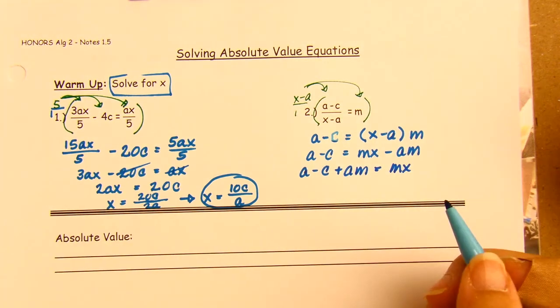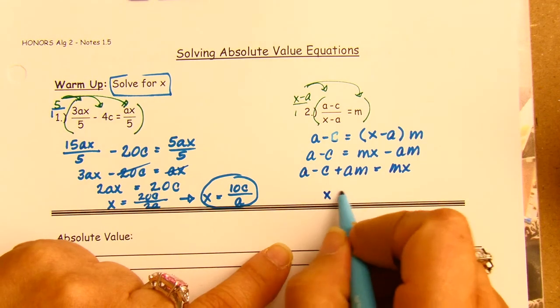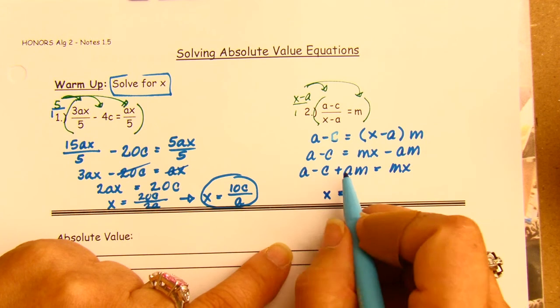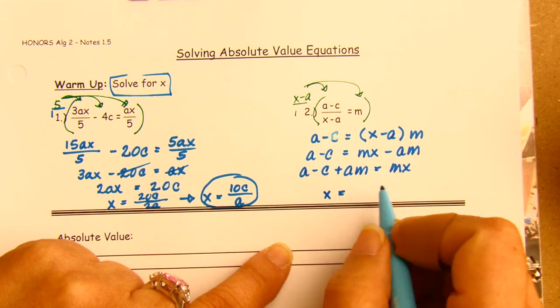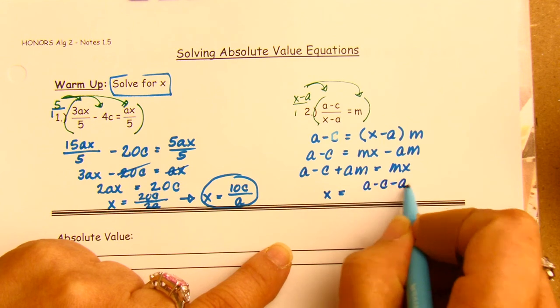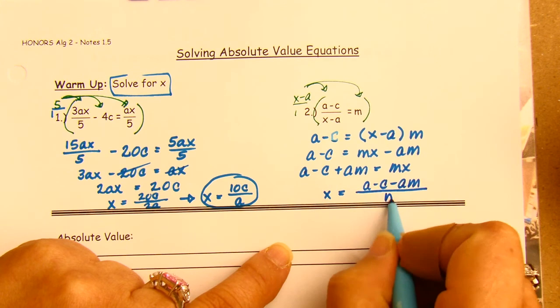And when I divide, I'm going to divide and switch sides at the same time. So x equals, I'm going to divide this whole quantity of 3 terms by m. So my final answer is a subtract c subtract am. I have no like terms here, so I can't put them together. And I'm dividing by m to get the x by itself.